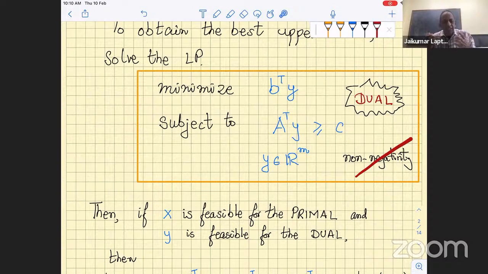If there is somebody who is very good at finding feasibility of a system of linear equations, we hand this over to them. If they are able to find a feasible solution, then we know that feasible solution will be optimal simultaneously for both. So instead of the binary search method with a slightly bigger LP, feasibility leads to solving the original maximization and minimization problems with just one query to the feasibility oracle.